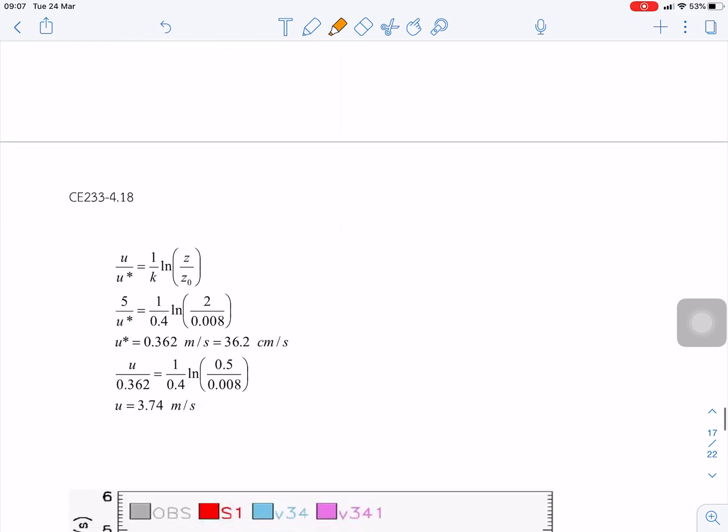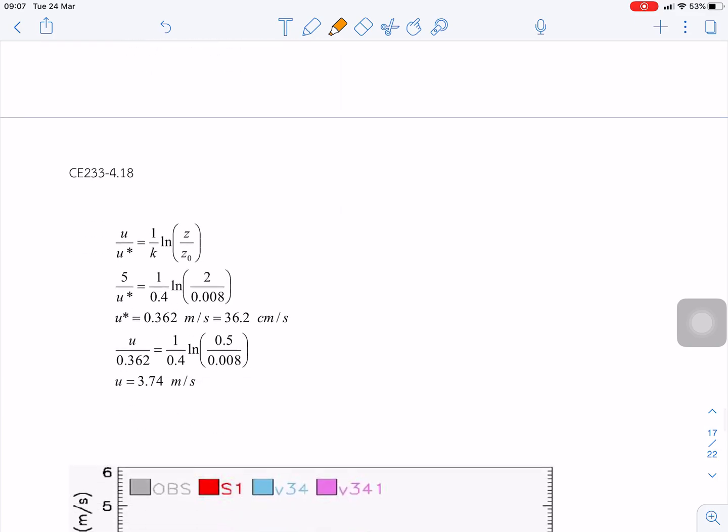Based on the logarithmic profile, we can estimate the shear velocity equal to 36.2, and use the same equation to estimate the u at 0.5 meter, which is about 3.64. So in this case we can draw the profile of the wind speed like this.